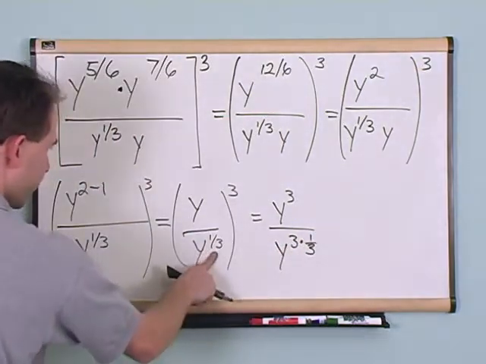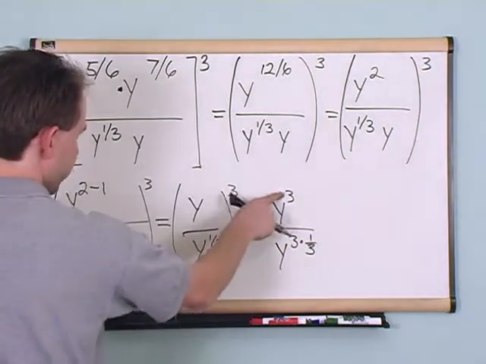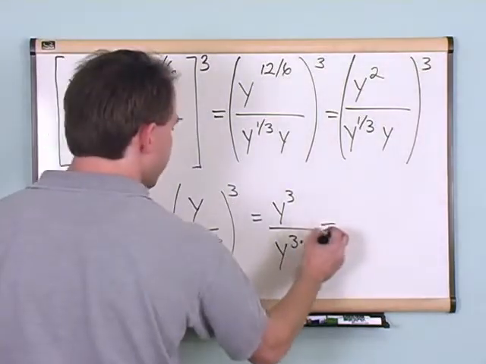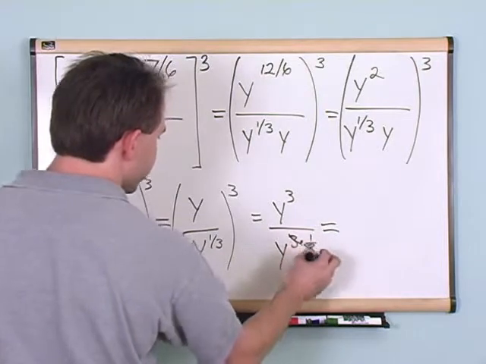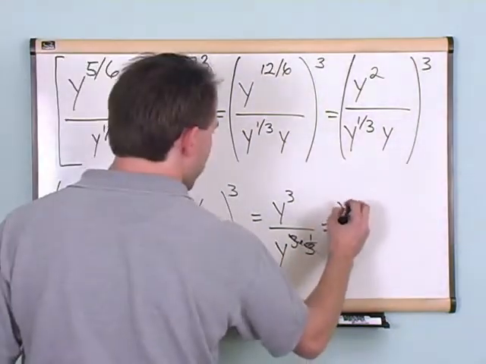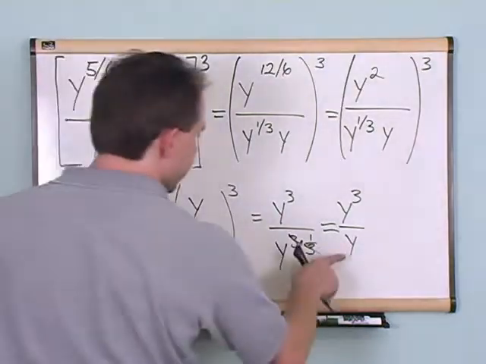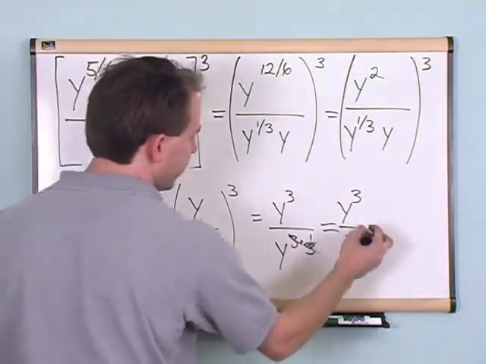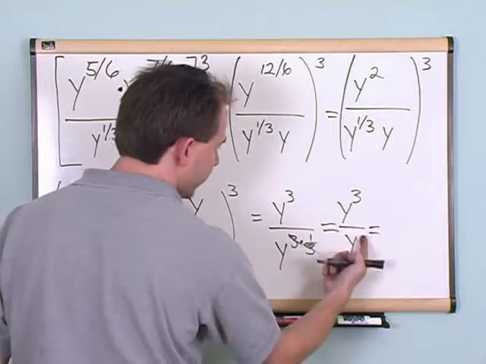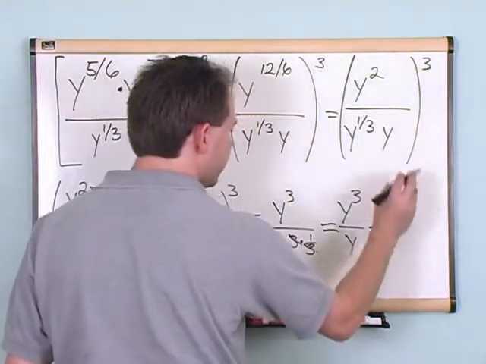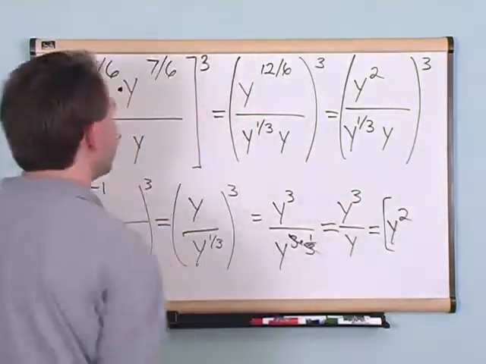Here it was just 3 times 1/3, and 3 divided by 3 cancels because that's just 1. So I'm going to have y to the 3rd over y. And again, I've got the same base, different exponent, so I subtract these. 3 minus 1 is just 2. So I'm left with y squared.